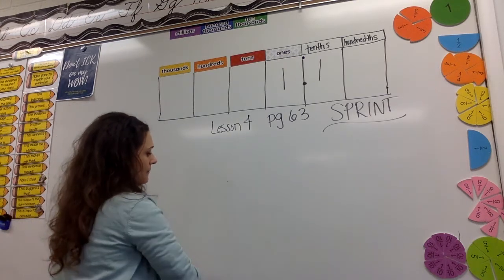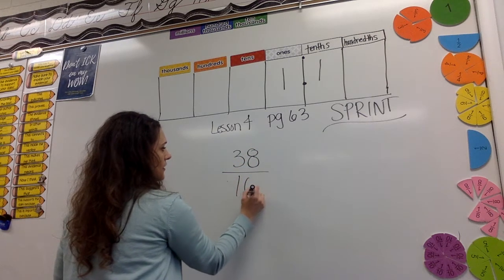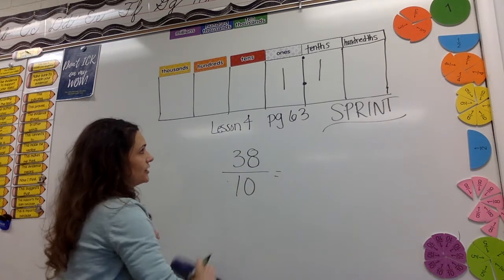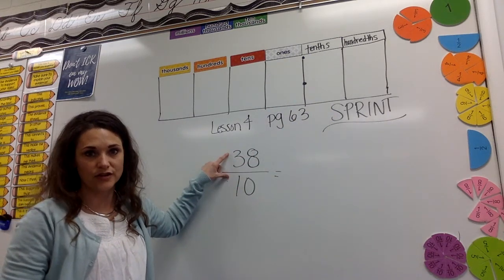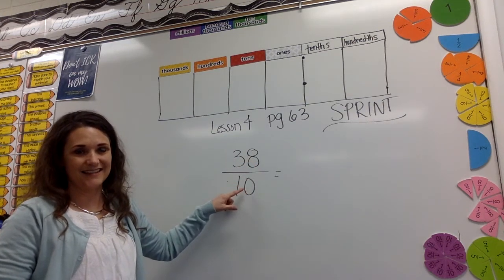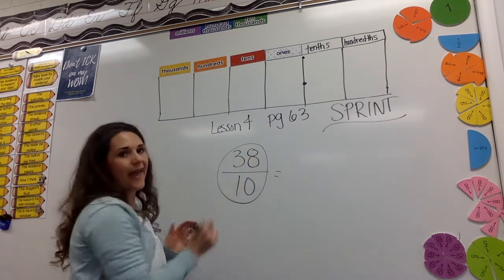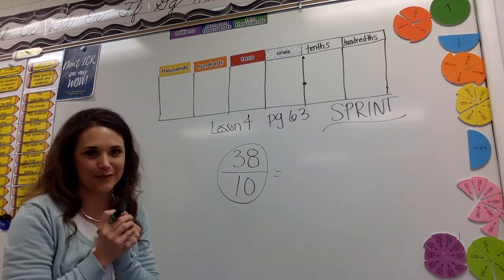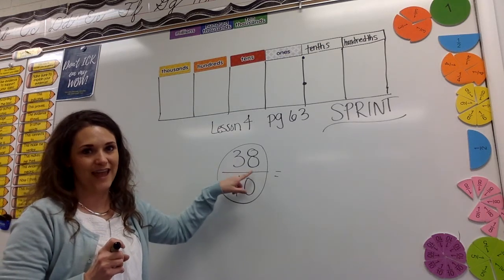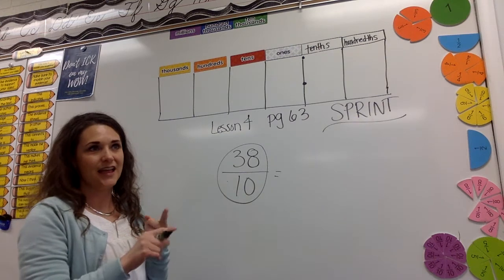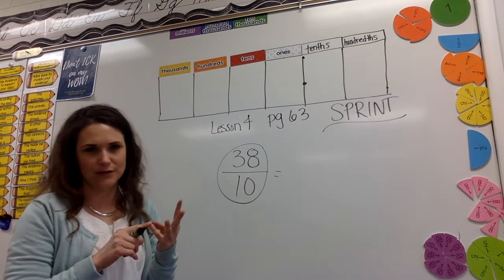Let's try 38/10. Okay, so this one's a little bit trickier because now we have another improper fraction, but we have 38. Now, if I did this as a number bond, I would pull out how many wholes I could possibly pull out of this number. Well, if I count by tens, I know I have 38, right? So I could go 10, 20, 30, and I can't go 40 because that would be too much, right?